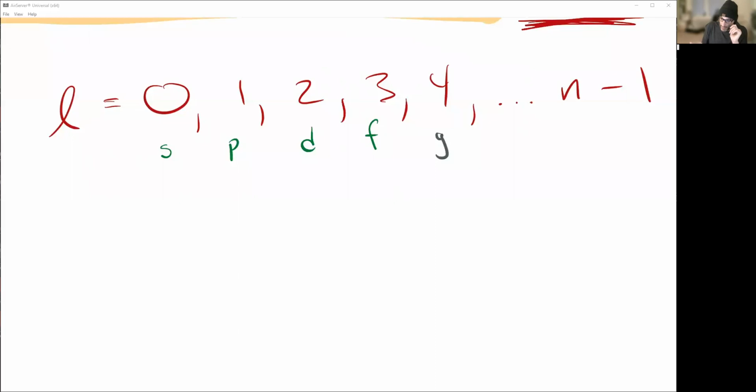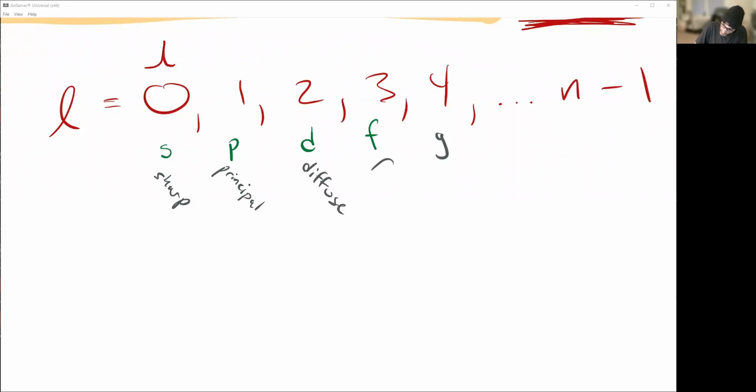The S, P, D, and F were named because of the spectral lines that they saw. For S, they saw something very sharp, so S is equal to sharp. It's the visual impression that's left. P is principal. D is diffuse.